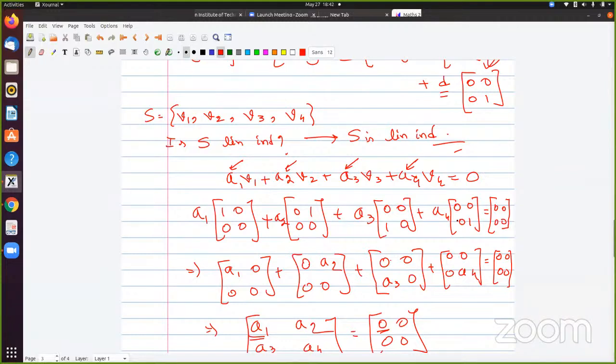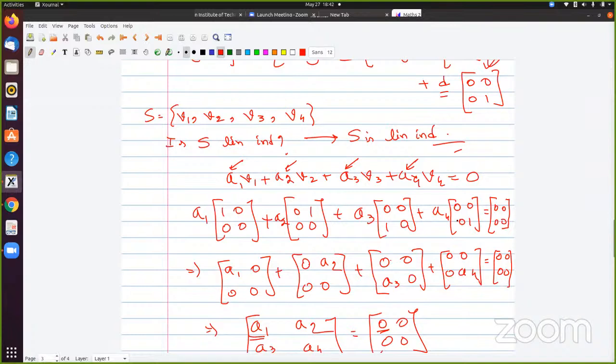None of the 4 elements can be obtained from each other by scalar multiplication. That makes them independent. But here it is easy to see, but there can be some cases where you have to go by this definition. In this case, it is easy. I agree that you can see this will not be a span of the previous 3 or something like that. But it's better to understand the definition and go by the definition.